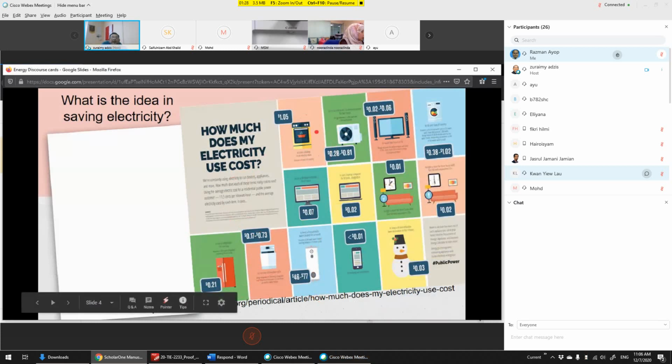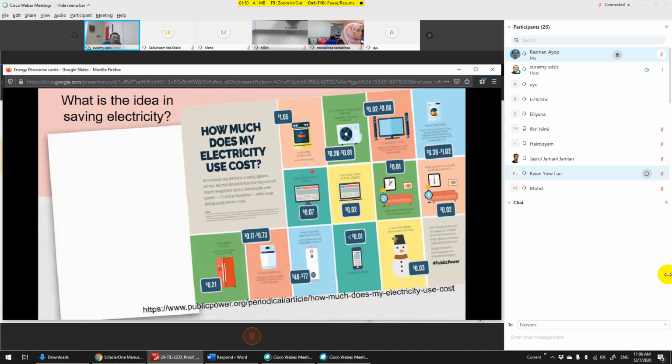So basically, you have this oven, aircon, air conditioner, TV, Wi-Fi system, refrigerator, and it shows you how much it costs per month for use. Okay, so you have an idea that different appliances use different amounts of energy.